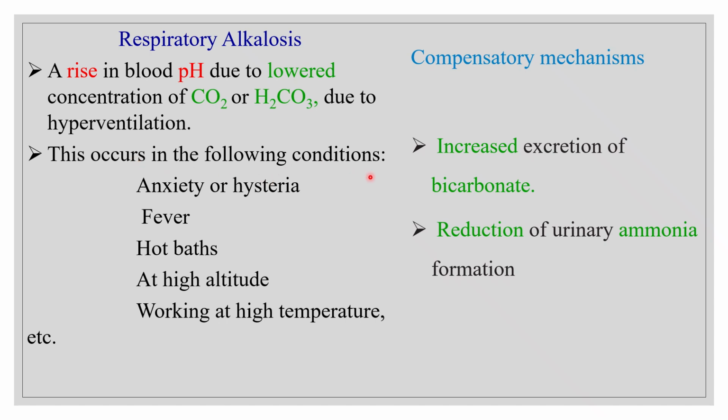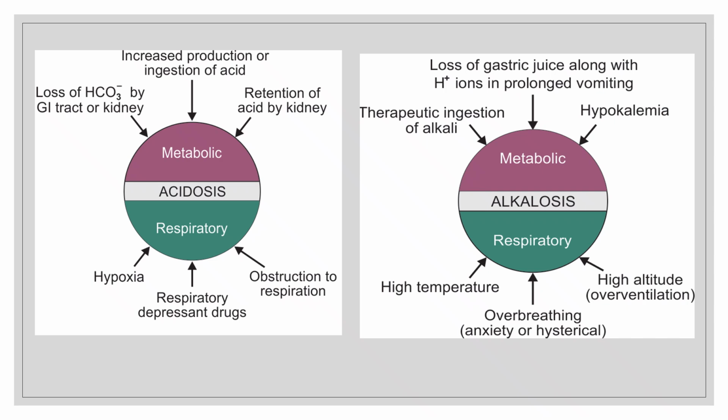This occurs in the following conditions like anxiety or hysteria, fever, hot bath, high altitude, working at high temperature. Then the compensatory mechanism is through the renal. So there is increased excretion of bicarbonate ion and reduction of urinary ammonium formation. So this is how the alkalosis is compensated.